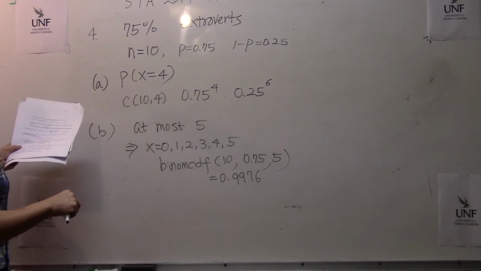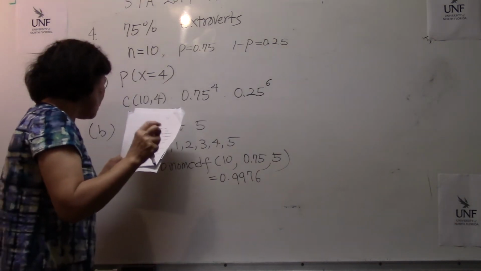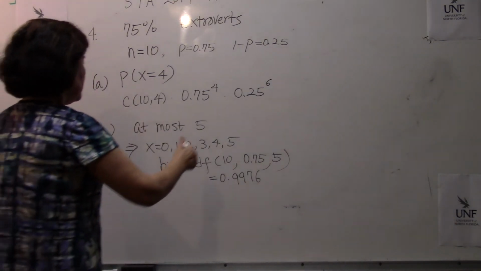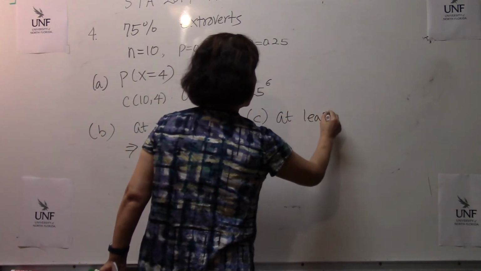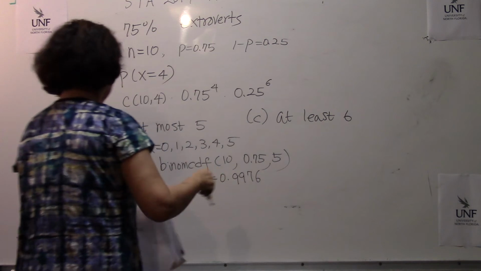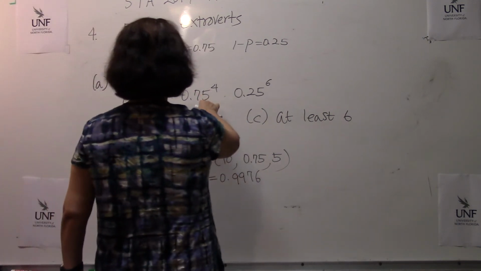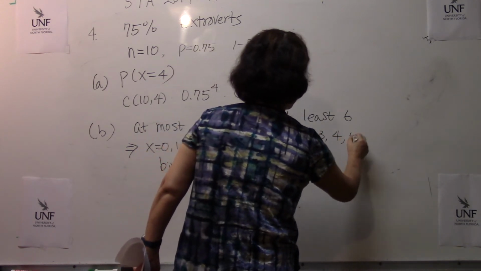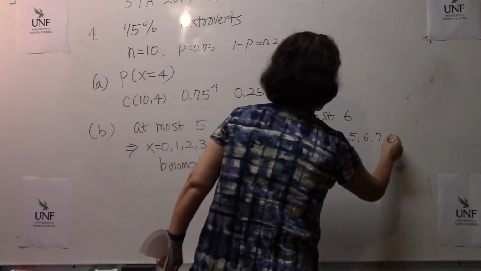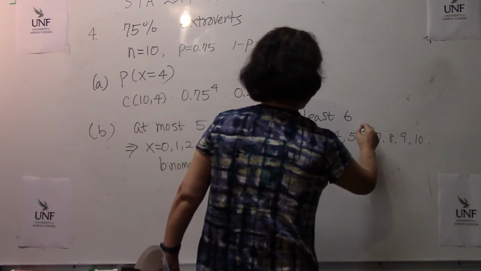Okay. Part C, what is the probability that at least 6 of them are extrovert? So part C is at least 6. So what do you think is going on over here? At least 6. So 0, 1, 2, 3, 4, 5, 6, 7, 8, 9, 10. At least 6 is this.